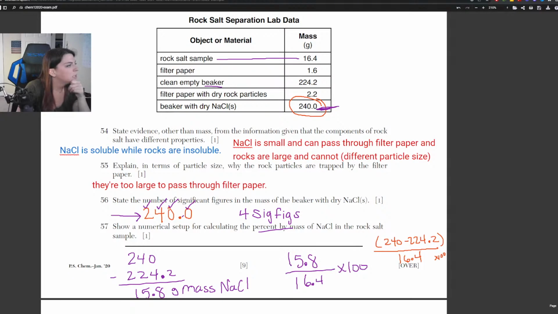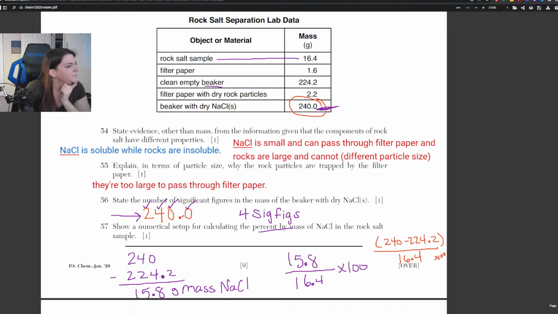January 2020. Grading guide. This is question 57. .4 minus 0.6. Oh, okay. Why 0.6?